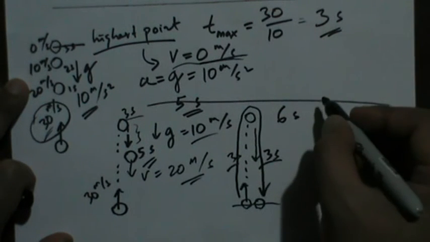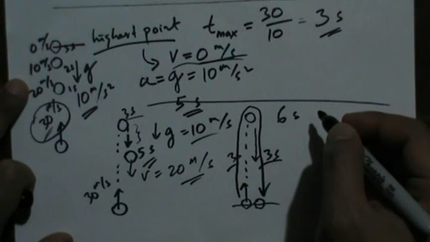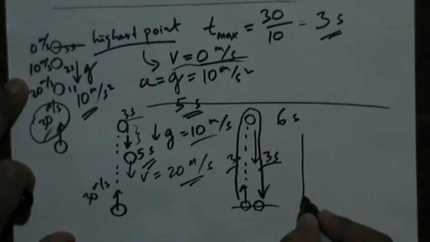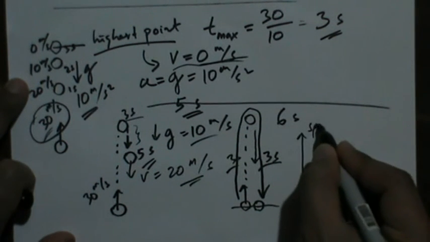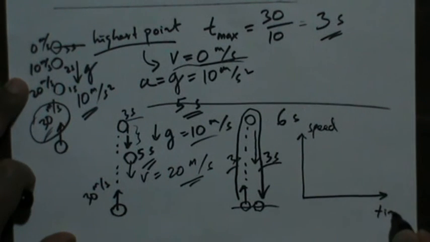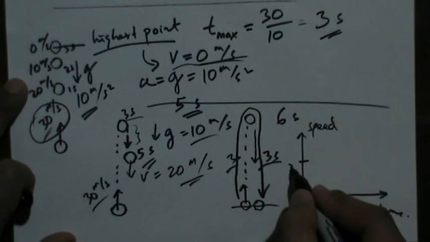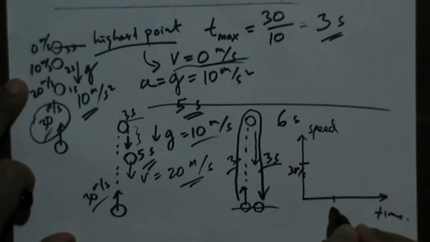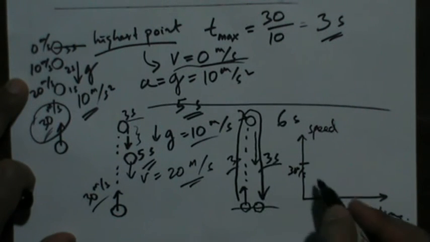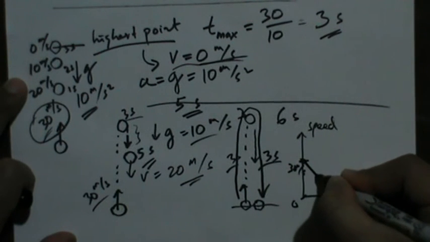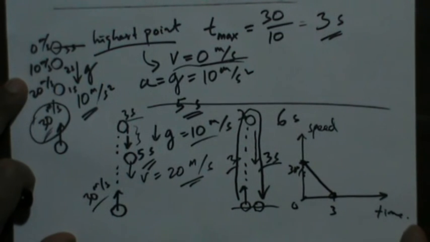Now the last one, we are asked to find the speed versus time graph. Alright, if we plot here speed and time, in this case we have initial speed 30 meters per second, and after 3 seconds it will get to the highest point, and the speed here is 0. So this is the speed versus time in the first 3 seconds, or the upward motion.